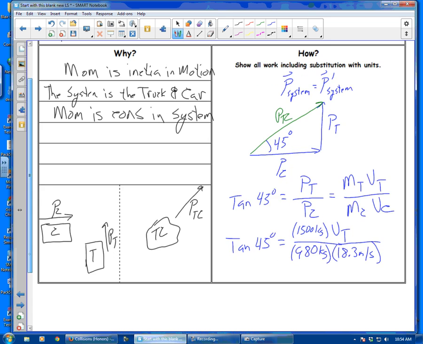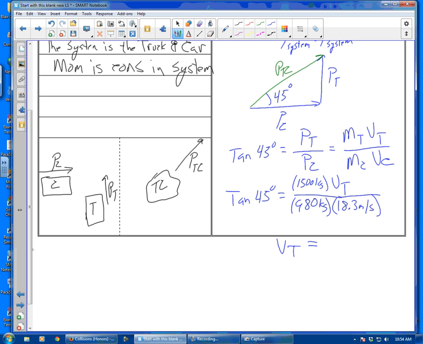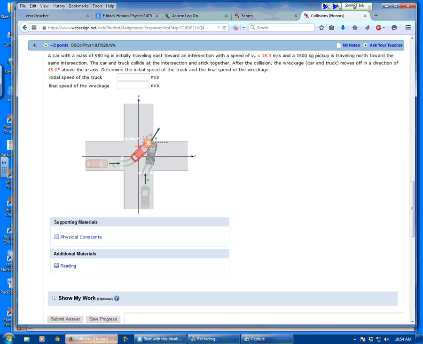And a little algebra, and I can find out the speed of the truck. And they also want to know the speed of the wreckage.